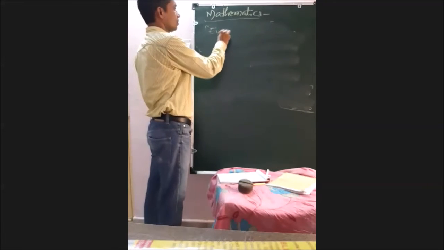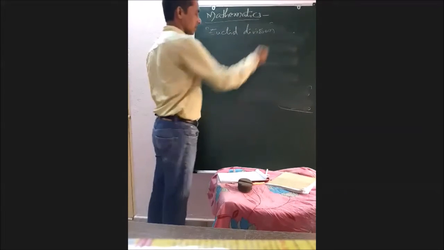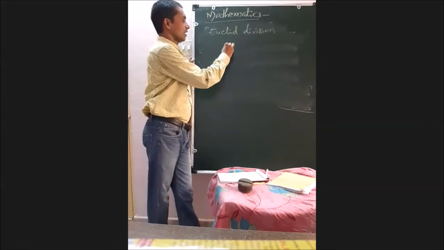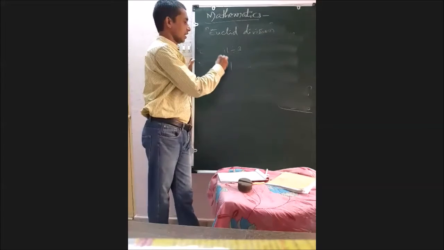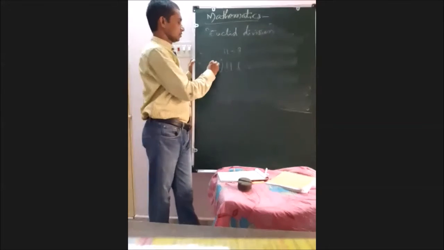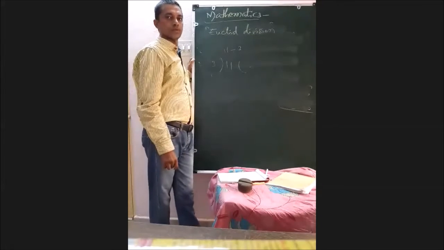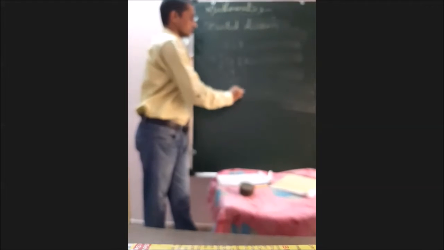Based on the Euclid division algorithm, simply, if I would like to explain this concept with your primary level basic division process: if you divide 11 with 3, what will you do? 11, then 3 here. 3 3s are 9, minus, you will be getting 2.